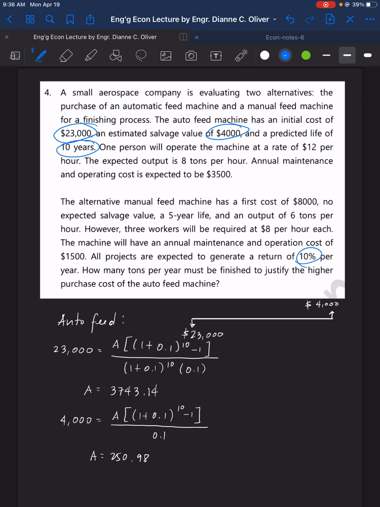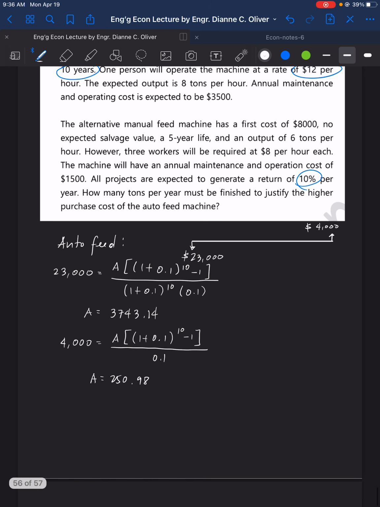What's next is the labor cost, that is $12 per hour. So for the $12 per hour, let's compute for the labor cost. Okay, so LC, labor cost, that is $12 per hour.